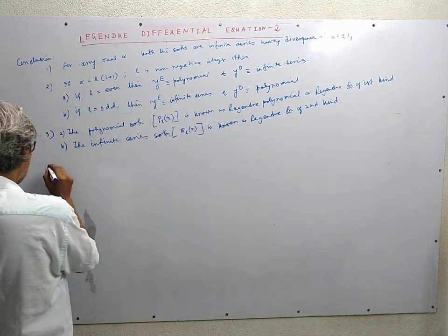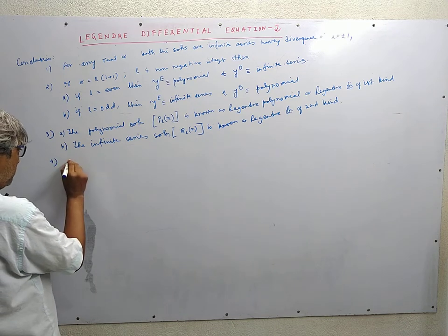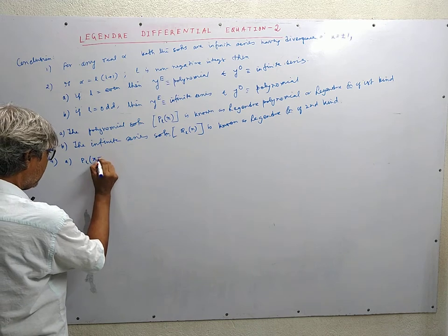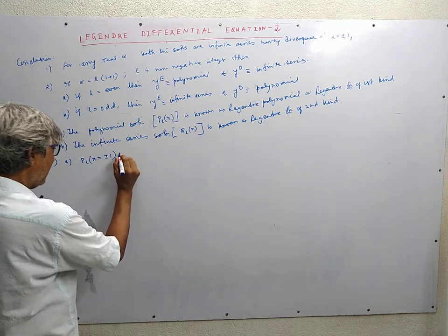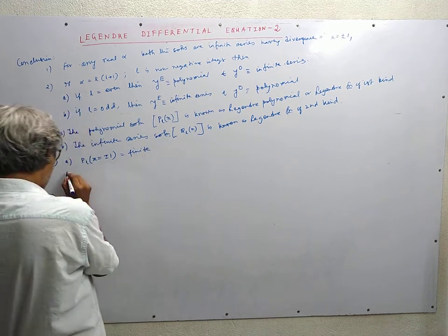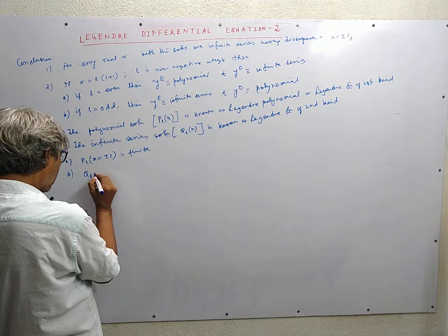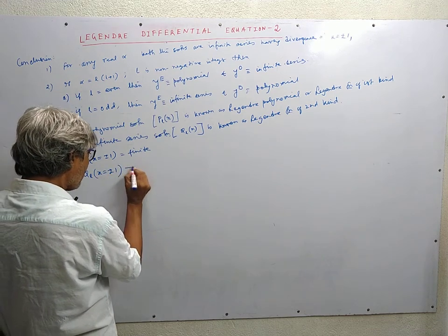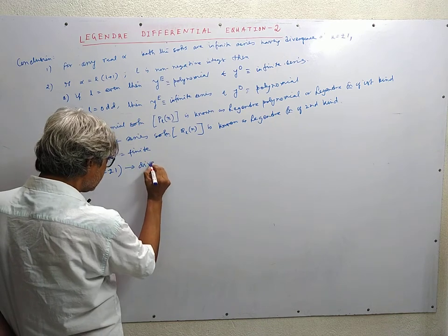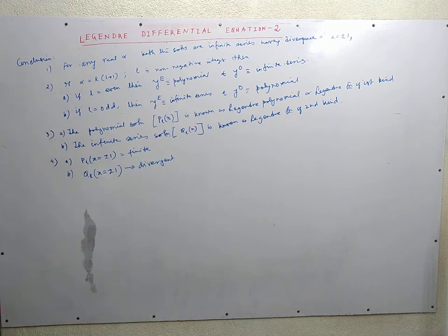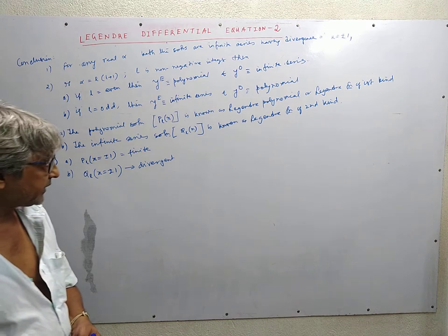Note that PL at x is equal to plus minus 1 are finite. QL at x is equal to plus minus 1 is divergent. But QL is finite between x is equal to plus minus 1.